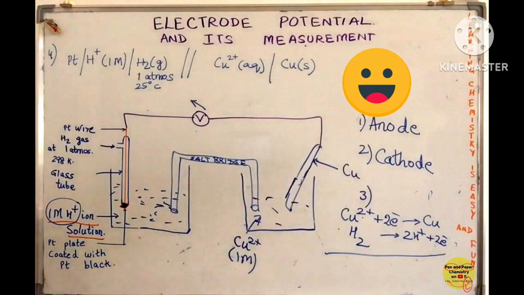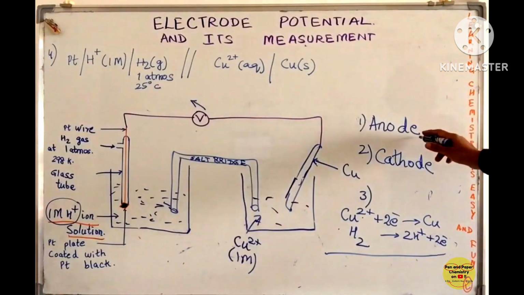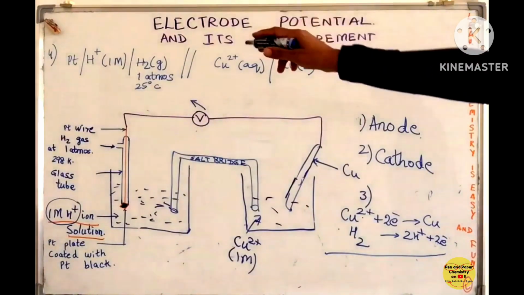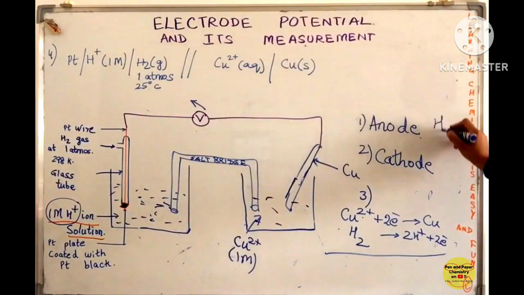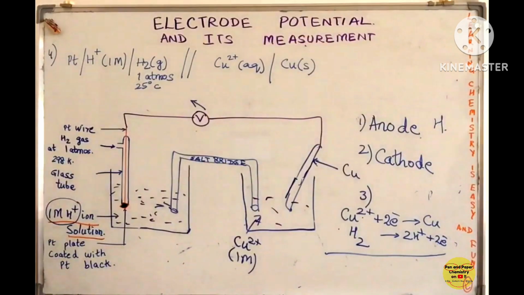You tell me now. So, anode, left hand side, oxidation, anode. Yes, it's the hydrogen electrode which is going to behave as the anode. What will be cathode over here? Perfect. It's copper. Why are we saying like this?